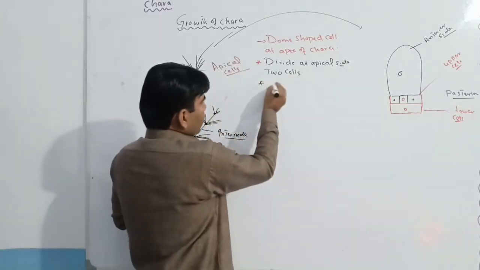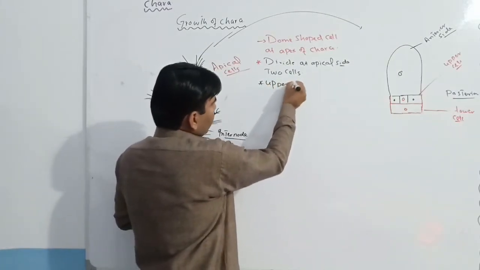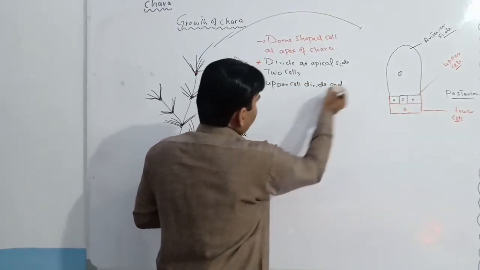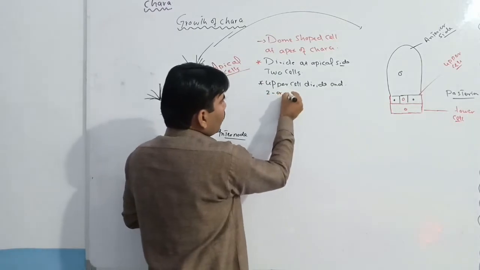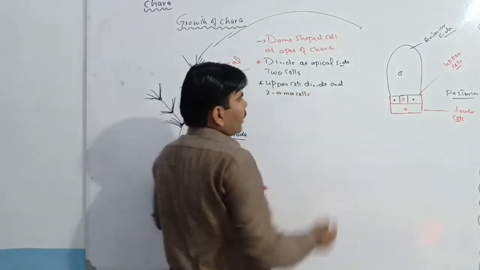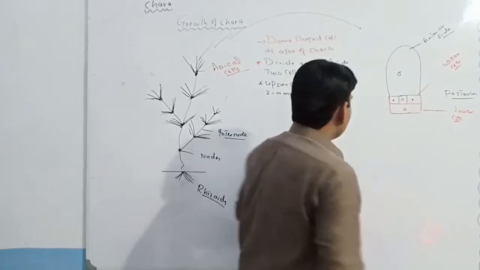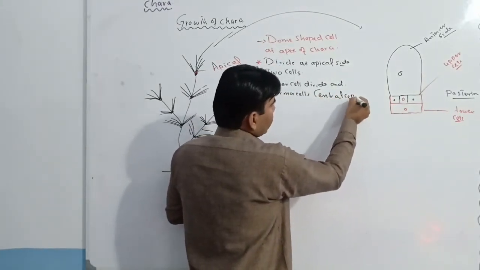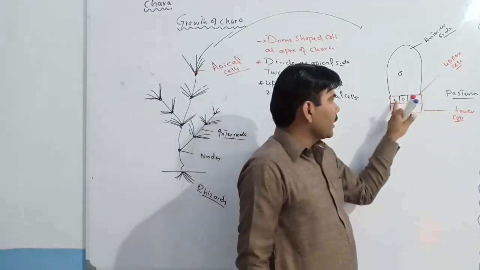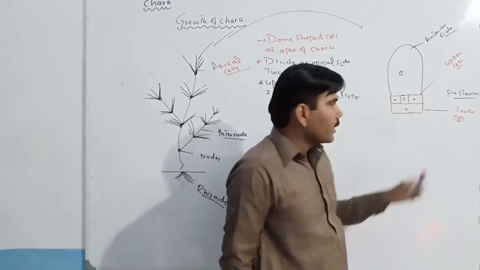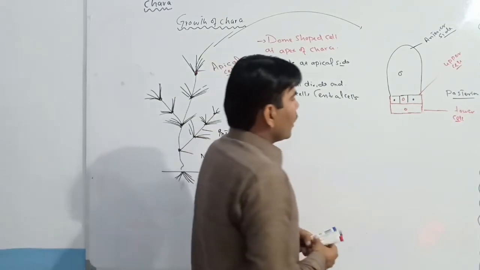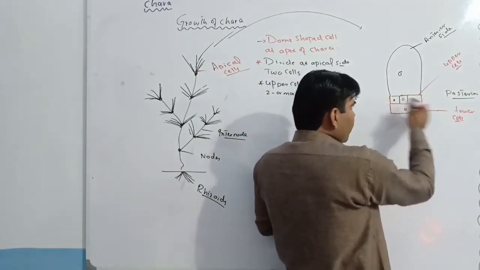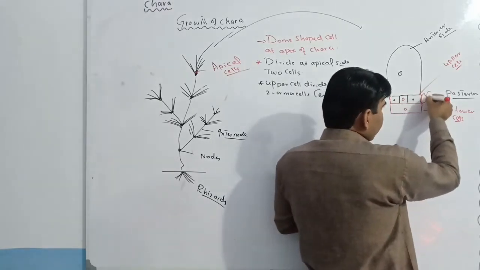So we can write the upper cell divides and produces two or more cells which are present at the center. So that's why known as central cells. It means two or more cells which are present at the center are known as central cells. But some cells will grow and be produced as a result of this upper cell like this.